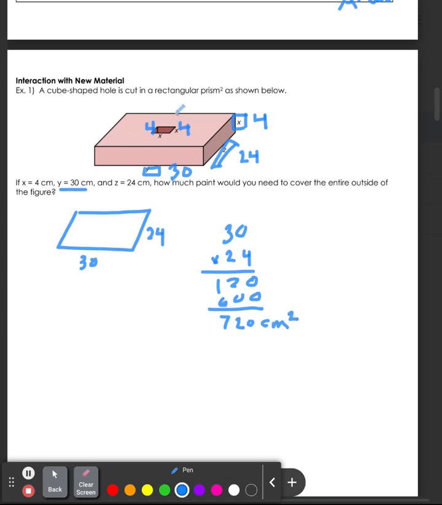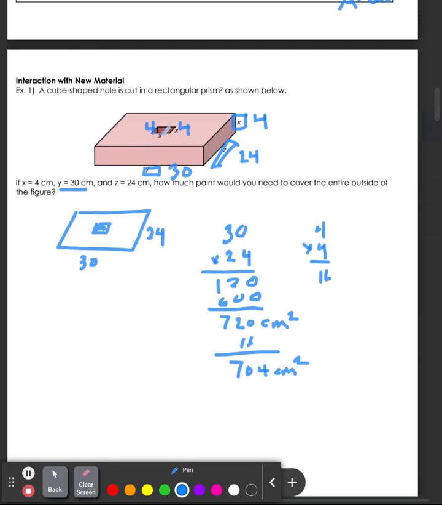And if we're going to subtract from this part, that's a 4 by 4. 4 times 4 gives us 16. So we're going to subtract 16 from this top portion, which would give us 704 centimeters squared. So this top part of the rectangle is equal to 704 centimeters squared.